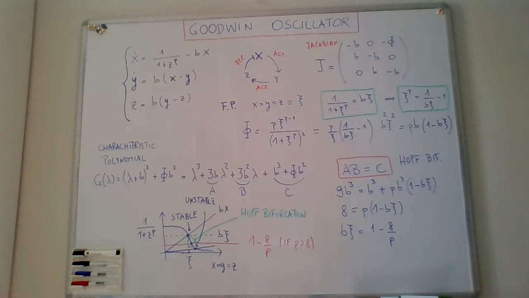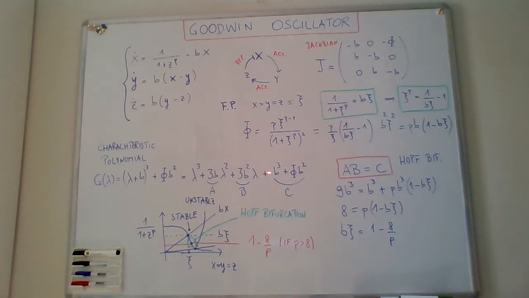So as in the previous videos, I call these coefficients A, these coefficients B, and this coefficient C. So I know that the negative feedback loop here can give rise to a Hopf bifurcation in the case that A times B is equal to C. This is precisely the Hopf bifurcation point. All right, so I have to take A times B, that gives me 9b to the third.